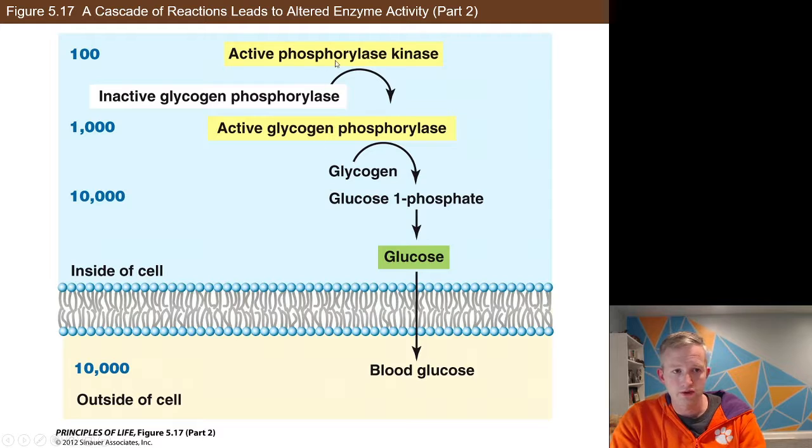Well, each of those 100 phosphorylase kinases can activate 10 of these glycogen phosphorylases. So now we have 1,000 active glycogen phosphorylase enzymes inside of the cell. Each of those can liberate 10 glucoses on average before they're deactivated, which means that those 1,000 active glycogen phosphorylases can lead to 10,000 glucose molecules.